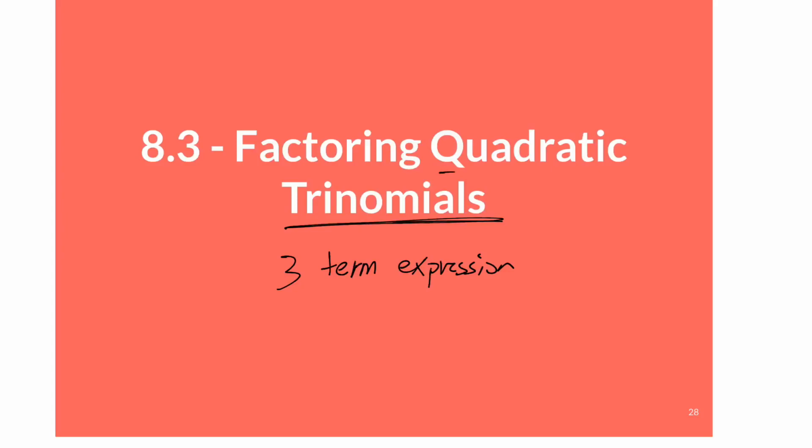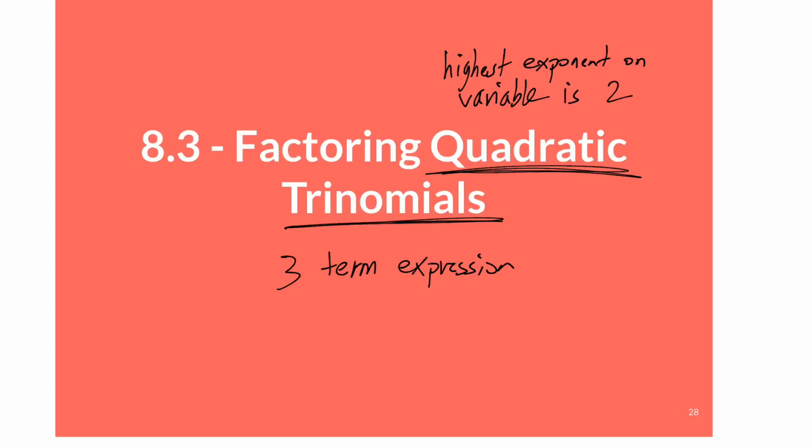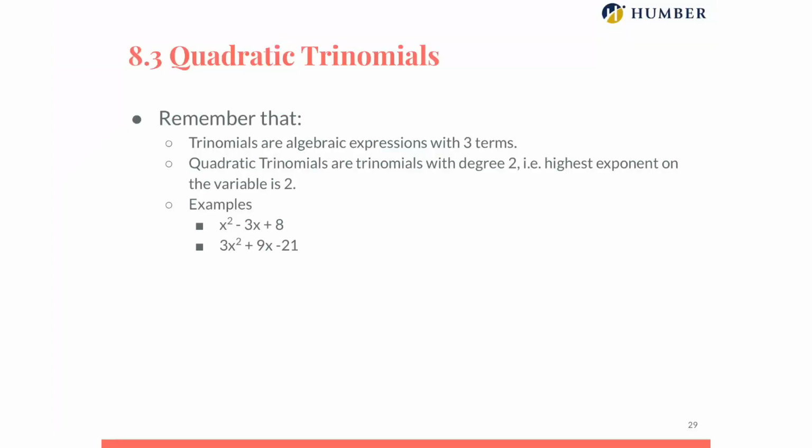And then there's another word, quadratic. So quadratic would mean... so we're going to specifically look at how to factor three-termed expressions where the highest exponent on the variables is a 2, aka quadratic trinomials.